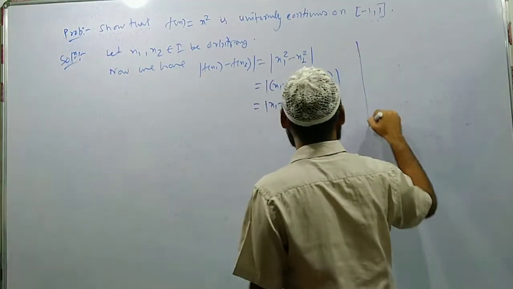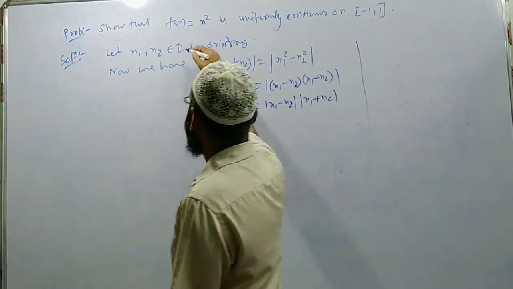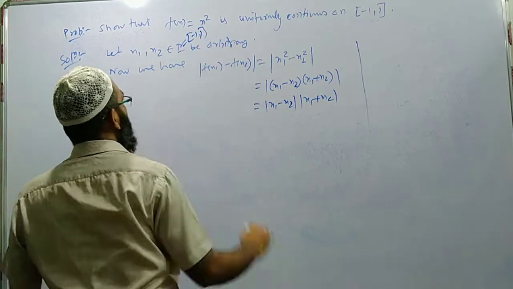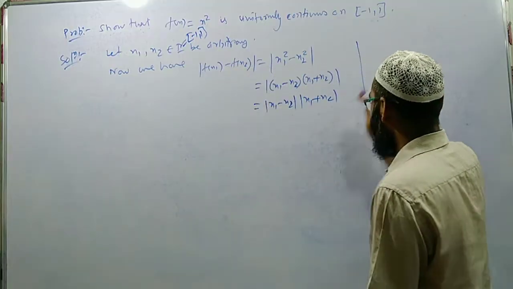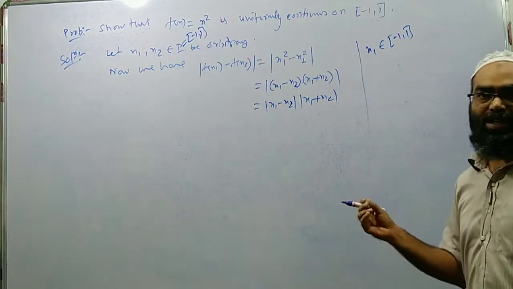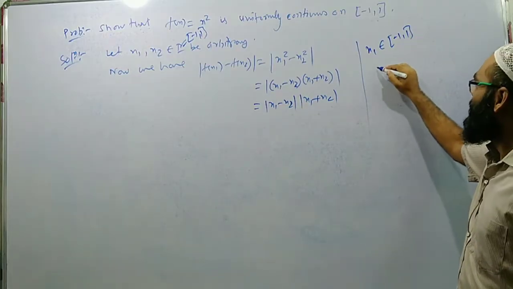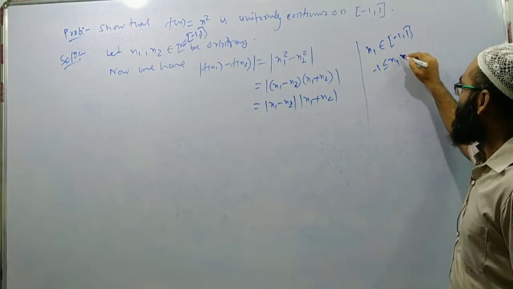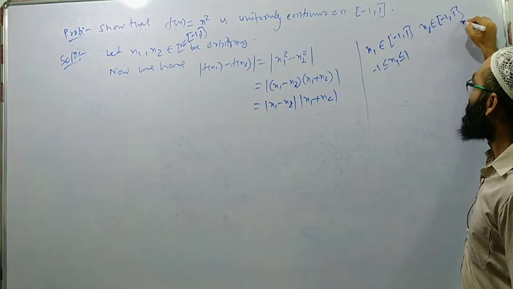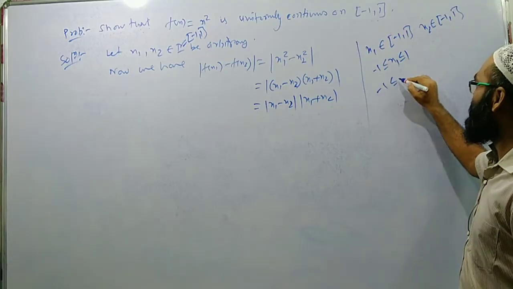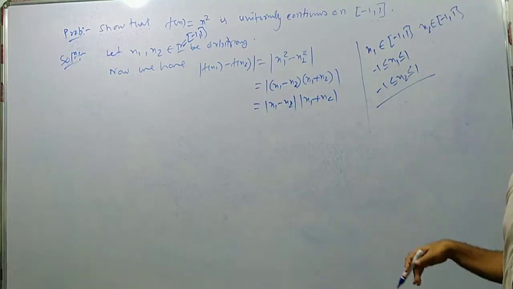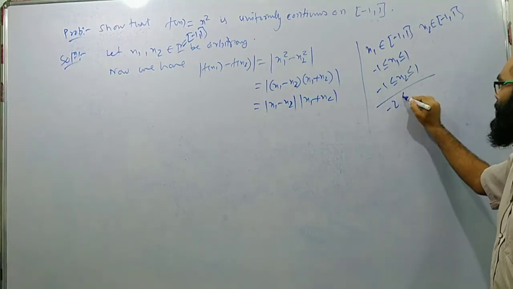Now observe that x1 belongs to I, where I equal to the closed interval minus 1 to 1. So minus 1 less than or equal to x1 less than or equal to 1. Also since x2 belongs to minus 1 to 1, therefore minus 1 less than or equal to x2 less than or equal to 1.